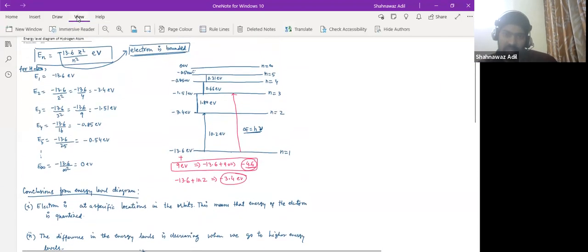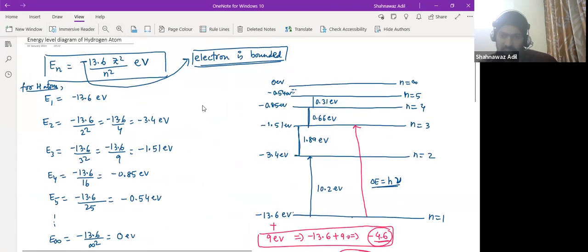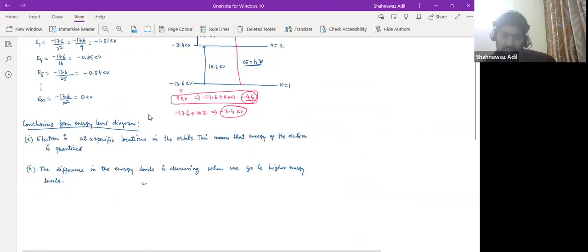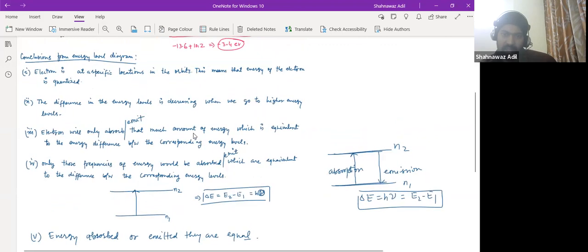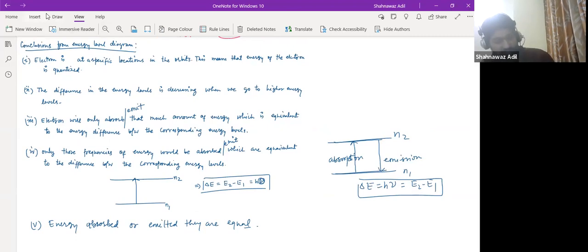Let me zoom this in, and you take this screenshot and then start noting down from there. I took the screenshot. Okay, then please note down, because everybody is noting down. You guys quickly note it down. Then we'll do one problem, and then I'll start.